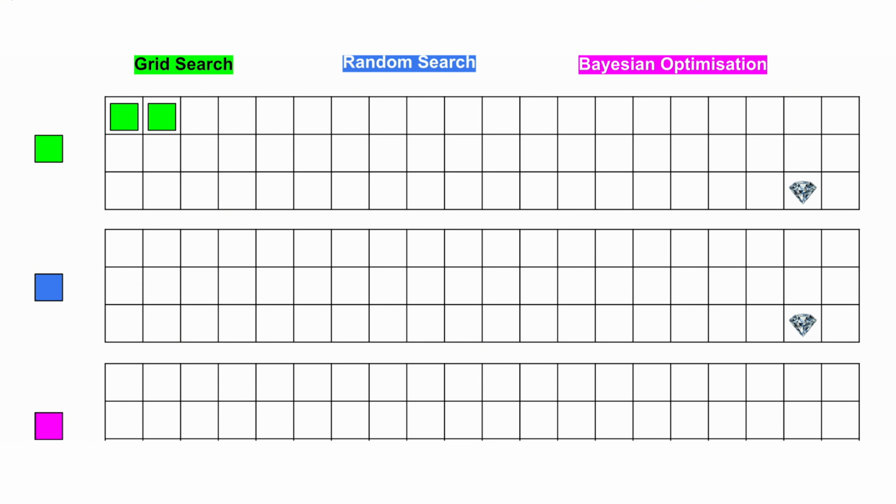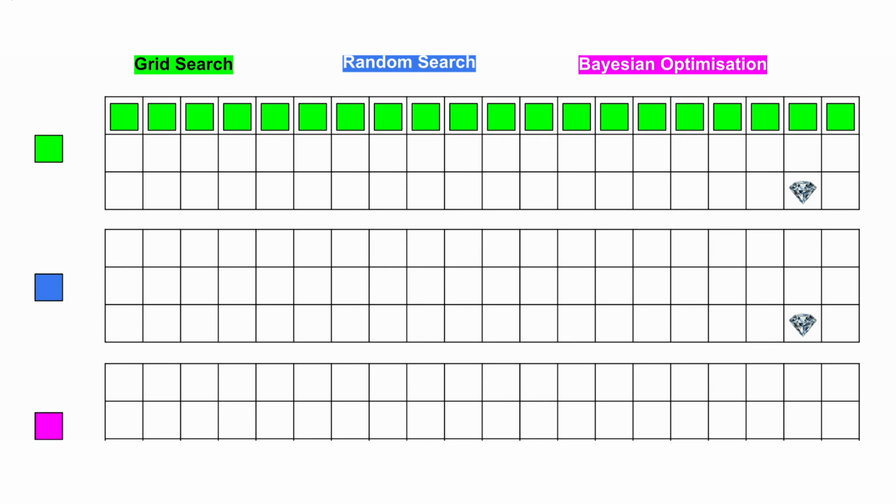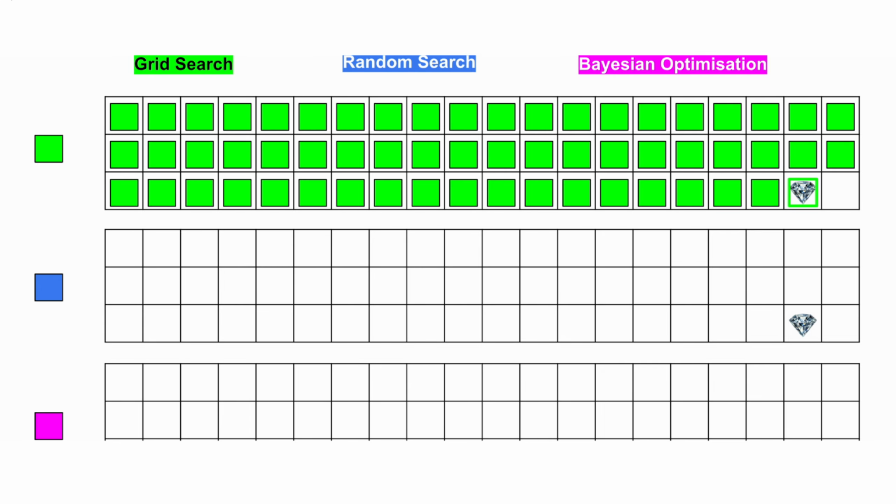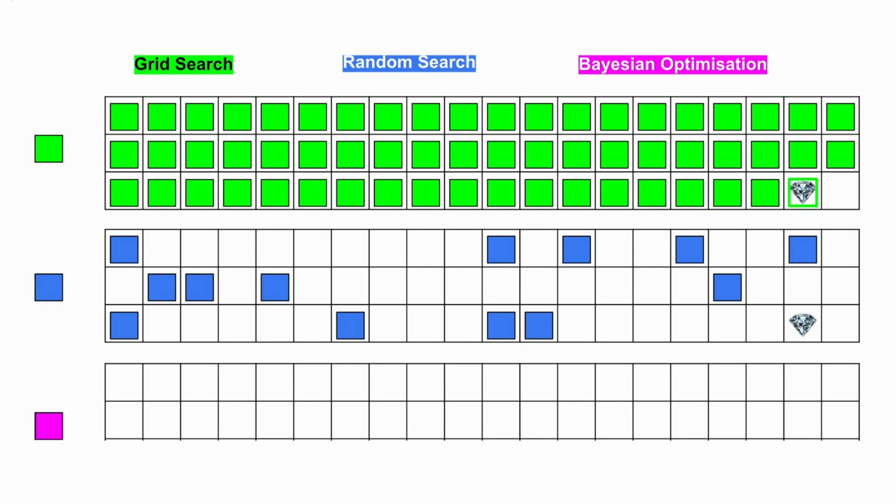So you look at the grid search, it continues to check each hyperparameter combination until it arrives at the optimal hyperparameter. And when you look at the random search, you will see it goes randomly. There's no specific pattern for it. So it goes randomly, and you can see that going until it arrives at the best hyperparameter.